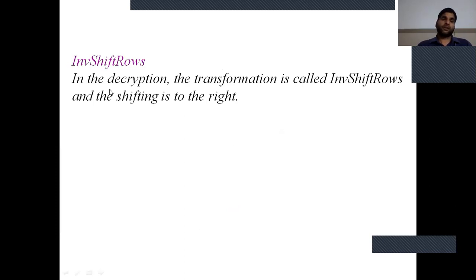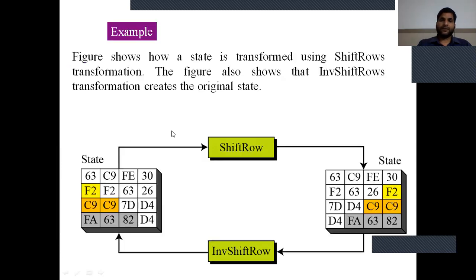Now the inverse shift rows: in decryption the transformation is called the inverse shift rows, and the shifting is to the right. If we apply shift rows according to this, and then apply the inverse shifting, the values are shifted right, so it is the inverse of shifting. This is the third row. The third row is shifted: 82 is shifted by the third position.